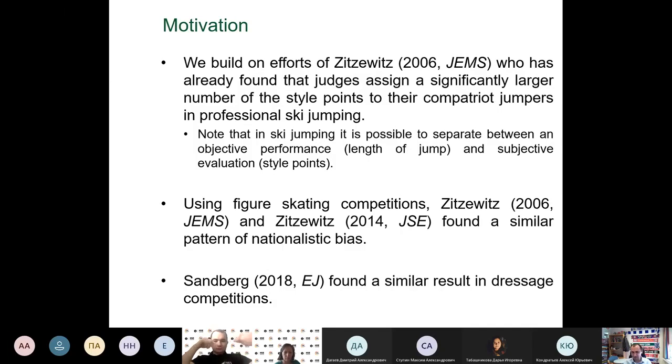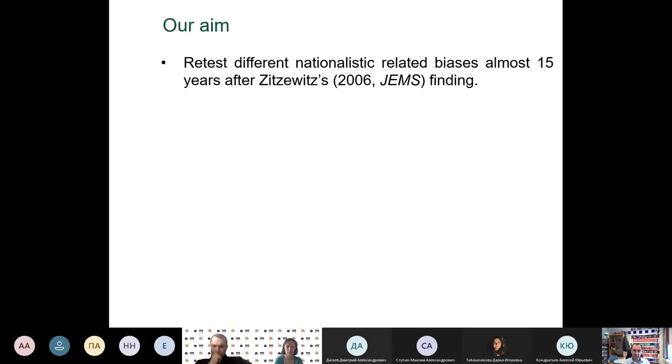It's a combination of the length of the jump and style points from referees. There were several follow-up studies after Zitzewitz. He found the same story in figure skating, that referees assigned significantly higher scores to their compatriots. And in 2018, Sandberg published a paper in Economic Journal, and she found a similar result in dressage competitions in equestrian with horses.